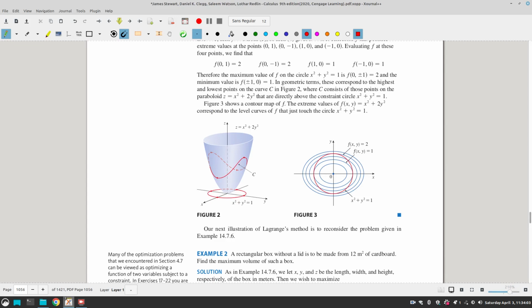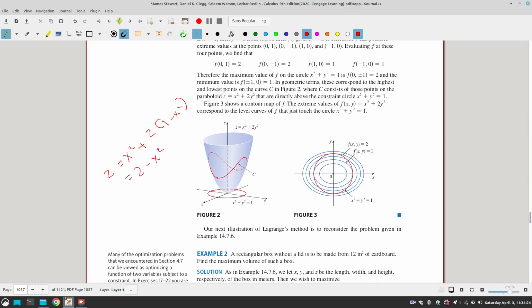If I take z equals x squared plus 2 times (1 minus x squared), this becomes 2 minus x squared.